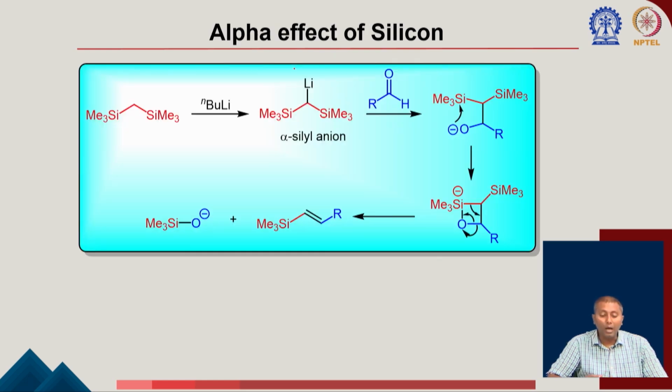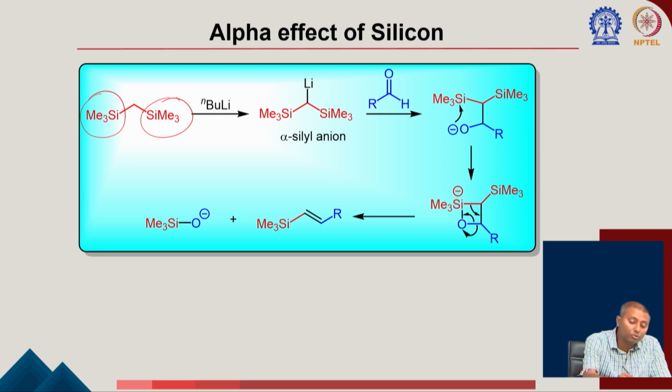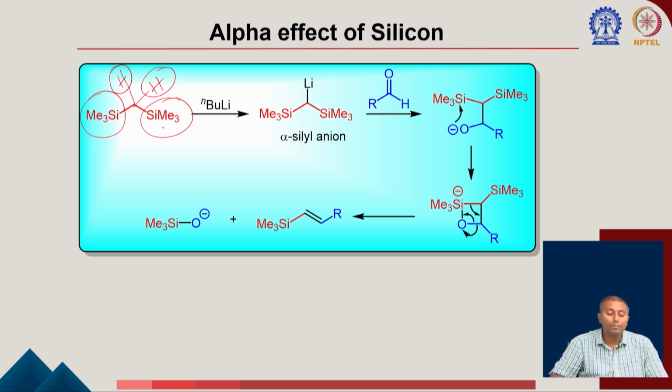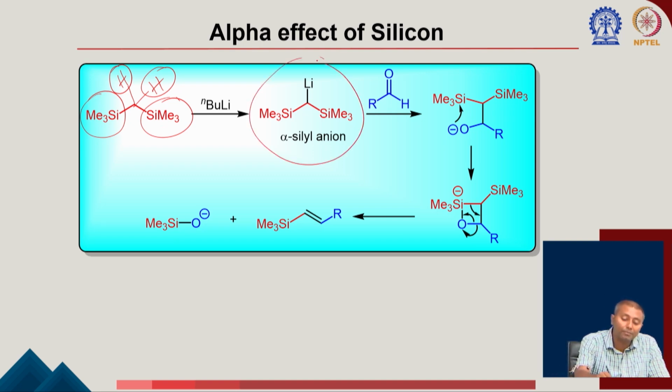Now we are going to talk about an important part of silicon chemistry, the alpha effect and the beta effect of silicon. Here you can see a carbon with two trimethylsilyl groups. When you treat it with n-butyl lithium, a strong base, the hydrogen here is acidic because of the two silicon groups attached, and it forms the corresponding alpha silyl anion.